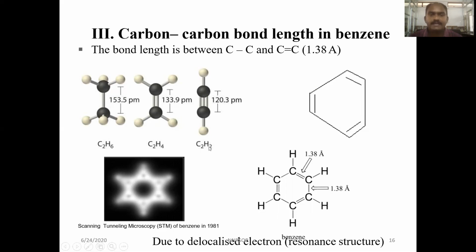In alkyne, that is acetylene, the carbon-carbon triple bond length is 1.20 angstroms. If you consider these bond lengths in the benzene structure, because it has alternating double and single bonds, the carbon-carbon single bond should be long and the carbon-carbon double bond short. So the benzene structure should resemble this, but it is not so.